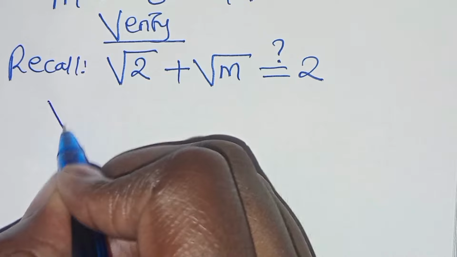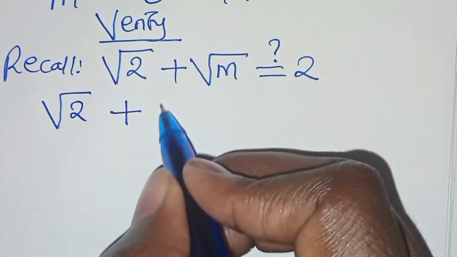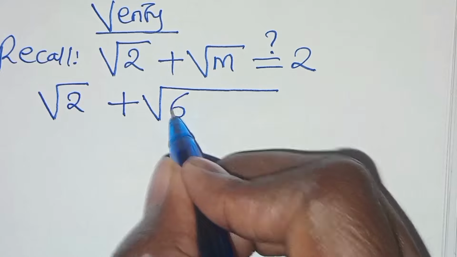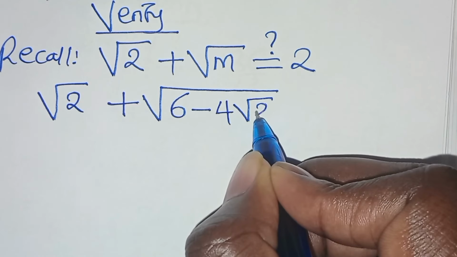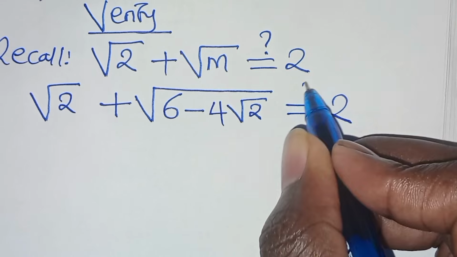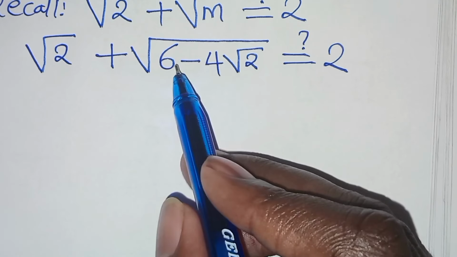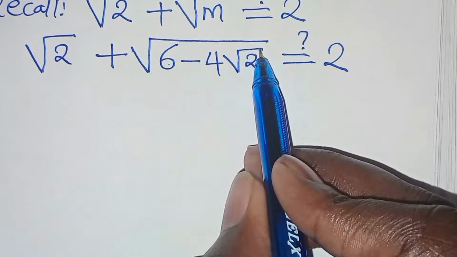So here we have square root of 2 plus square root of 6 minus 4 square root of 2. This is supposed to give us a value of 2. Now, we have that 6 minus 4 square root of 2.